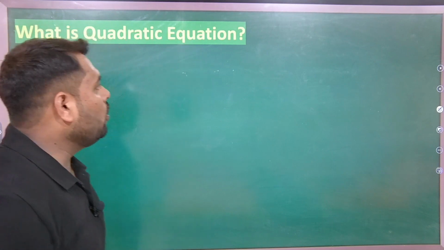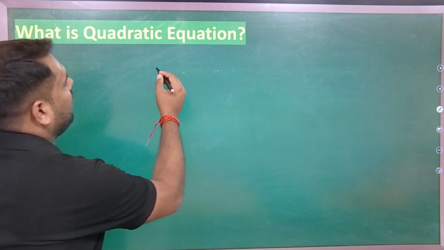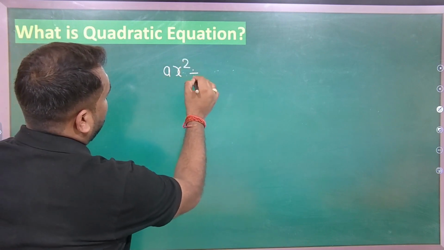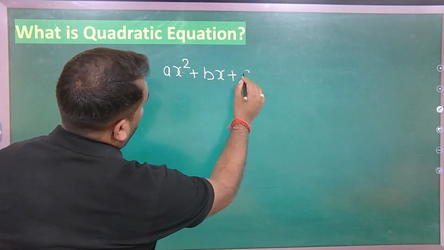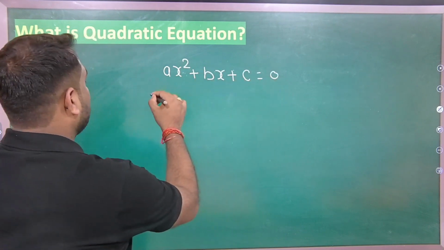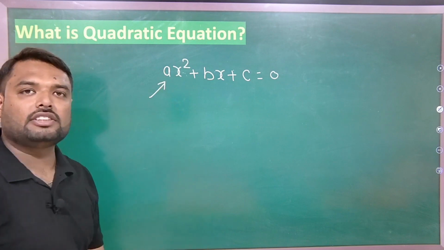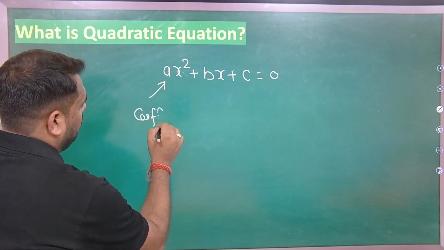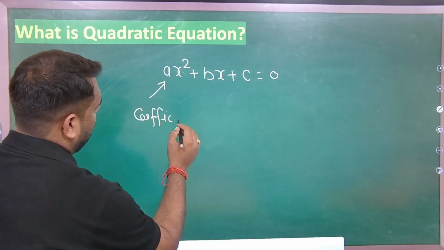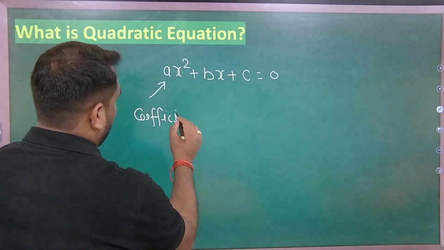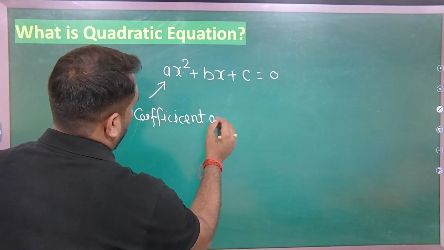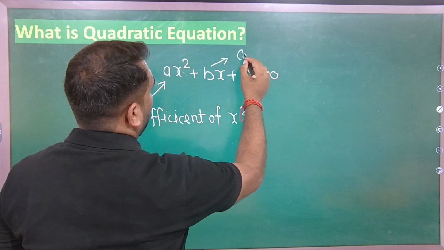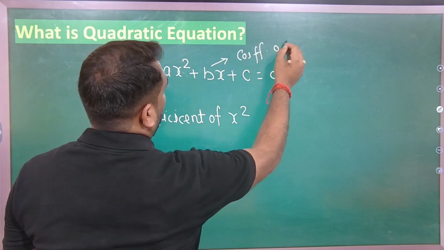Okay, so an equation in which the degree is 2, the standard form is ax square plus bx plus c equals 0, where a is the coefficient of x square and b is the coefficient of x.